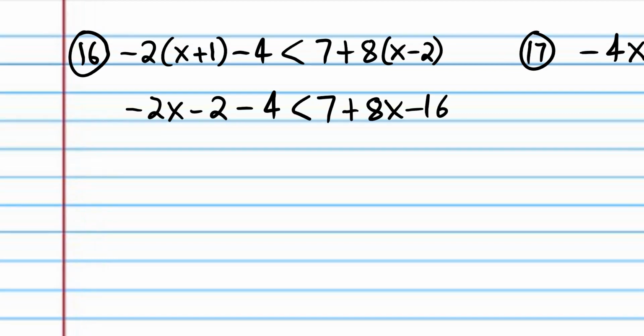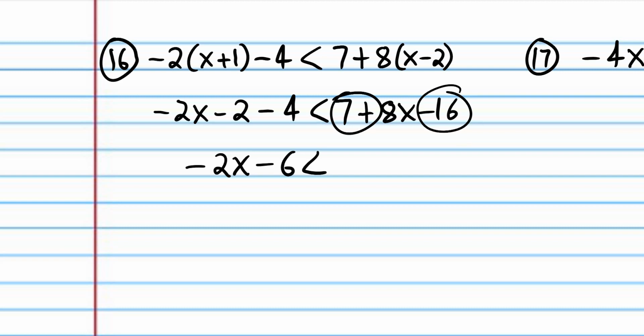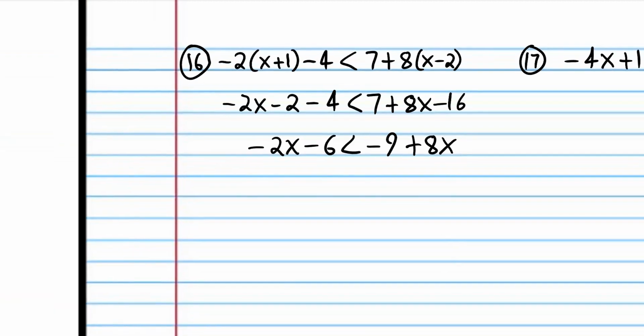So now, first of all, we're going to combine like terms. So -2 minus 4 is -6. We'll just rewrite the -2x. And 7 minus 16 is negative 9. And just rewrite that 8x. And now we have x's on both sides of the inequality.